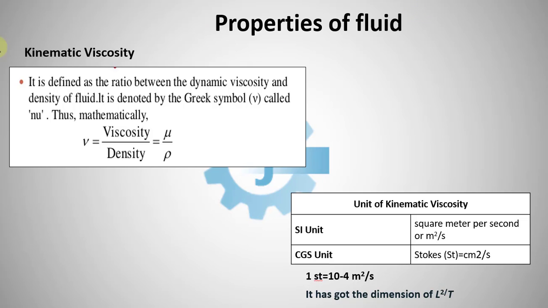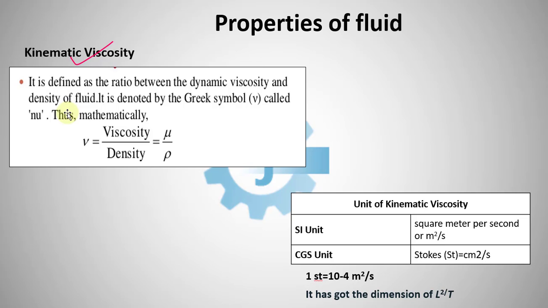Next is kinematic viscosity. So what is kinematic viscosity? Kinematic viscosity is defined as the ratio between dynamic viscosity and density of fluid. This is denoted by the symbol nu, like a small v.